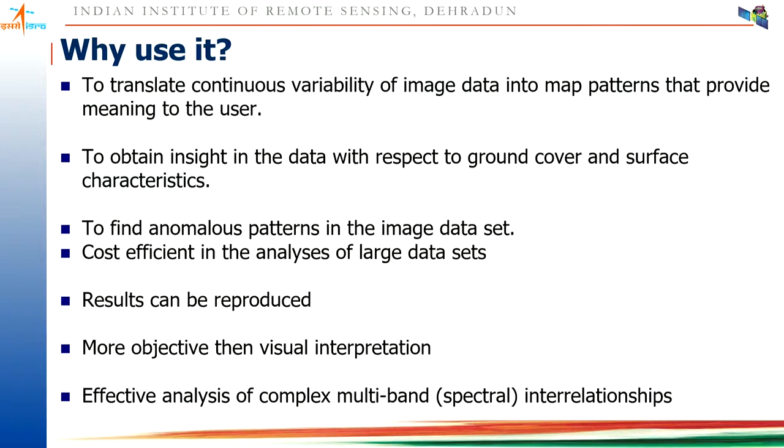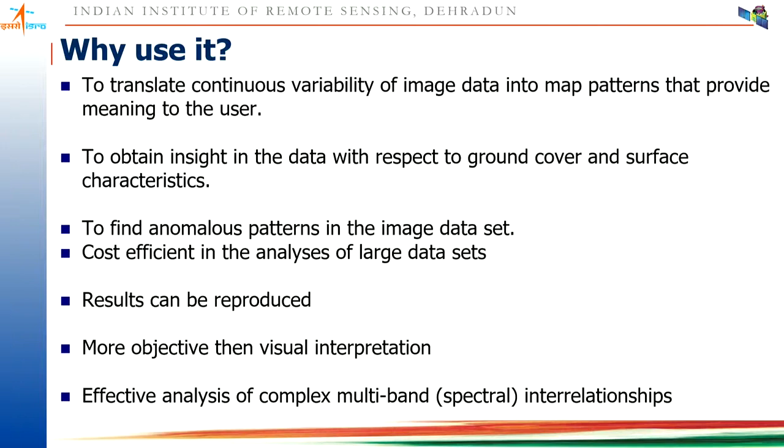Now, we also want to know what is the land cover feature there, what are the surface characteristics, how is the soil in that area. So all these types of thematic information can be found out using digital image classification. It also finds out whether there is any anomaly in my data set, that means in a particular field.